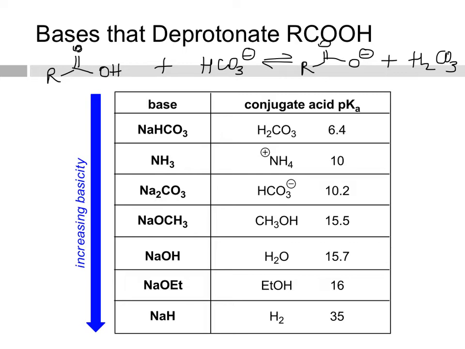And so you're looking at the relative strengths of the acid on this side, which is the carboxylic acid and has a pKa of about 4. And then we're looking at carbonic acid, which has a pKa of about 6. We know that we're always going to react the stronger acid and stronger base to go to the weaker acid and weaker base. This is the weaker acid, and so the reaction favored is going this way, where the carboxylic acid will be deprotonated.